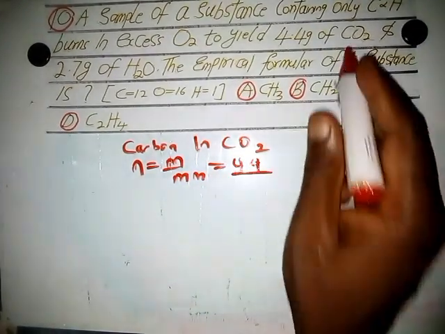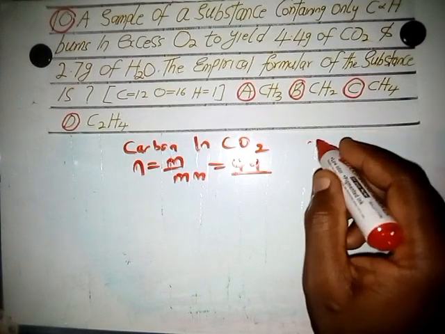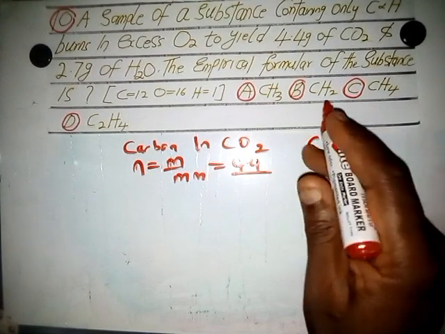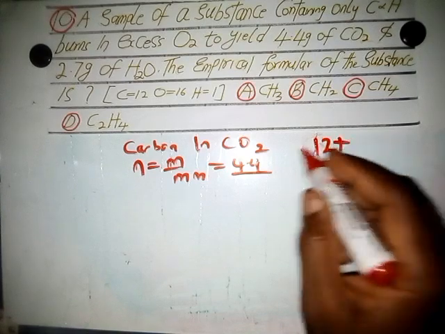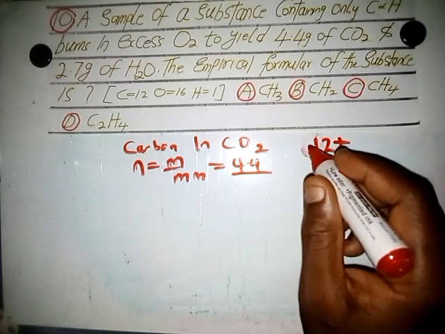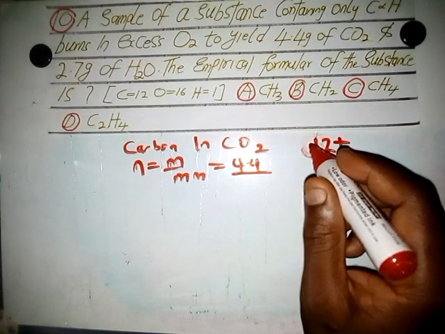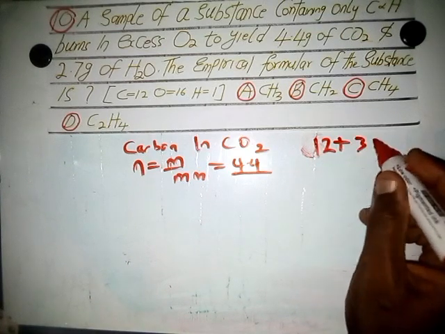Molar mass of CO2: C is 12, O is 16, 16 times 2 is 32.